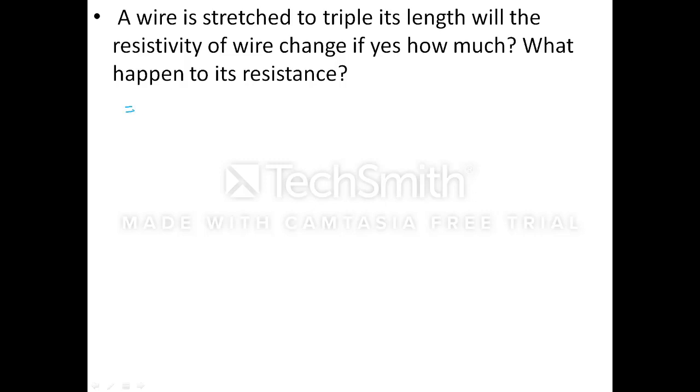As you already know, the resistivity of the material will remain the same, because the resistivity of the material does not depend upon length or area of cross section. Now if we consider the second part, what happened to its resistance?